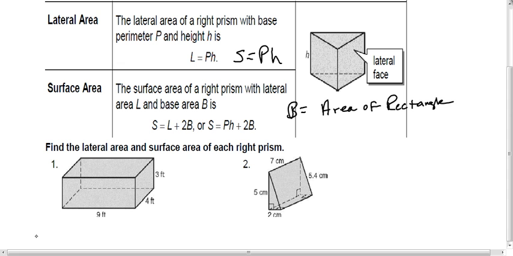The way we will start it off is looking at our lateral, and of course lateral is S equal to the perimeter times the height. So here I see a length, so S is 2 times 9 plus 2 times 4.